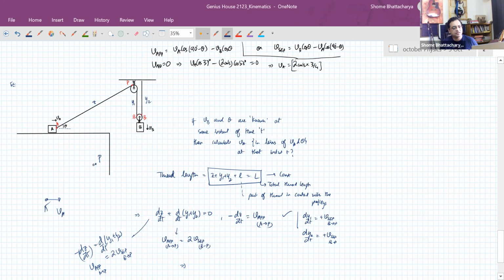And at the given instant, the angle between the velocity and this line is theta. So this approach velocity is becoming VA cos theta. And this should be equal to twice of VB. So that is your constraint relation now, that VA is equal to 2VB sec theta, correct?